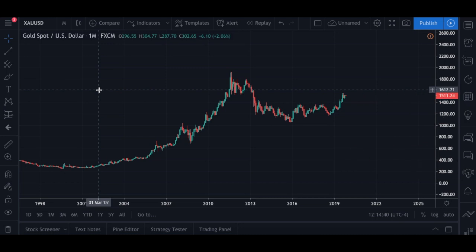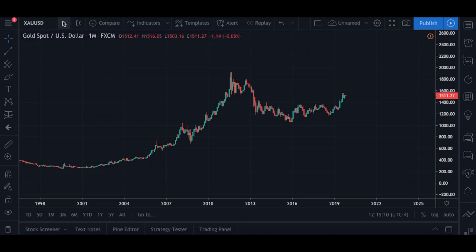Some of you may have heard about this, some of you may not, but basically what top-down analysis is, in my own definition, is you go through the different time frames of a chart, starting with the highest time frame where you get an overall view of what's going on, and then you work your way down, analyzing each time frame until you get to the lowest time frame that you usually look at, which will show the most detailed part of the chart.